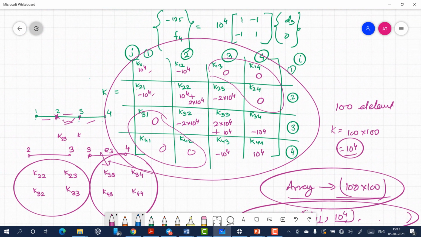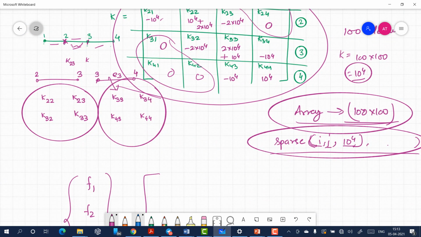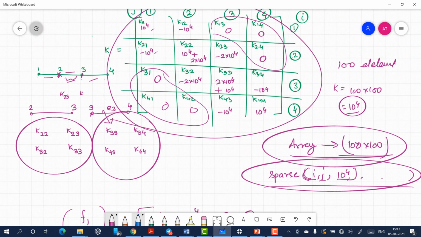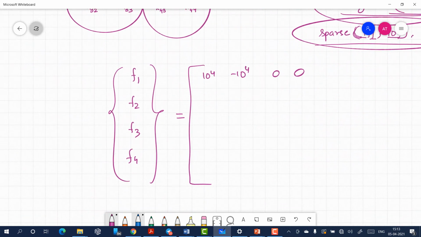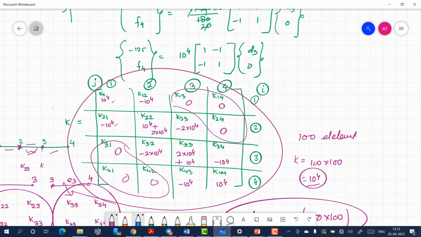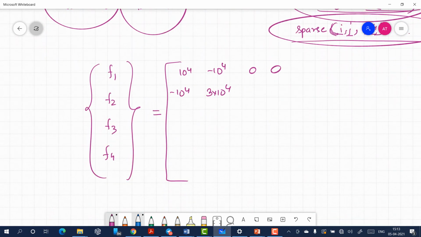So we have 10^4, minus 10^4, 0, 0, then minus 10^4, and I think this will be 3 times 10^4, so minus 10^4, 3 times 10^4. And then we have minus 2 times 10^4, 10^4, and 0.